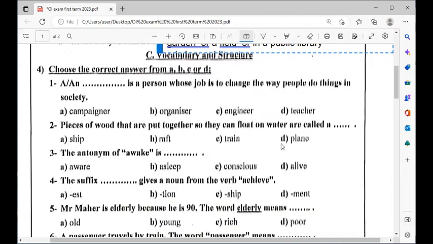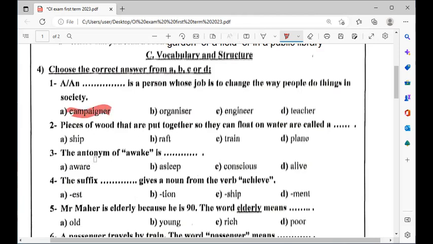Now let's go to the multiple choice questions, vocabulary and structure. A campaigner, organizer, engineer, or teacher: the person whose job is to change the way people do things in society is a campaigner.